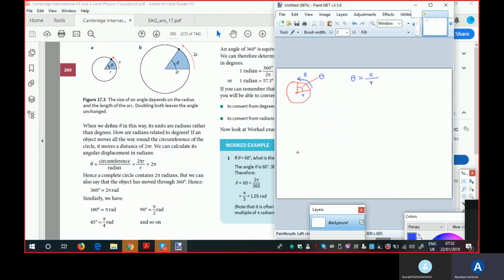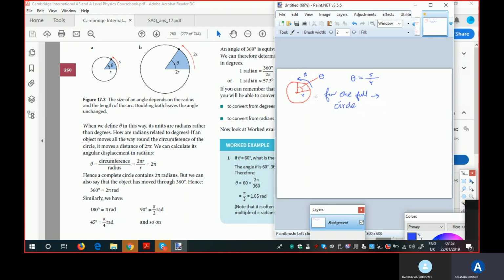Okay, using this. If the angle is say 360 degrees, that means you go all the way around. Now what is the length then? So we'll write for 1 full circle, what is this length all the way around the circle?